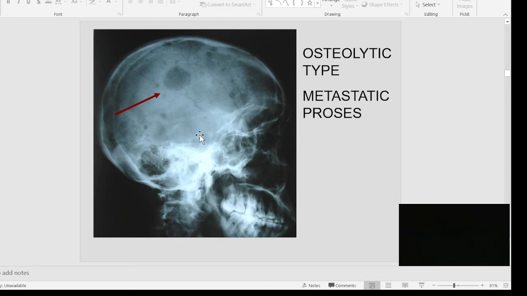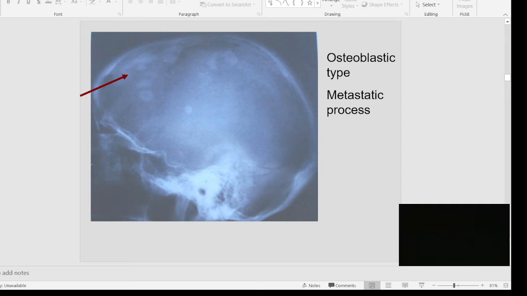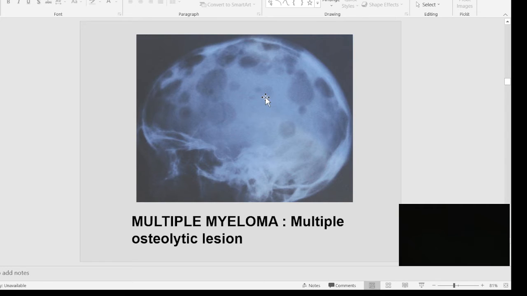So this is a tumor, and that is the patchy appearance on the skull surface. Here, the problem is in the skull. Although it affects the meninges because of multiple myeloma, the tumor of the meninges has already migrated to the skull.